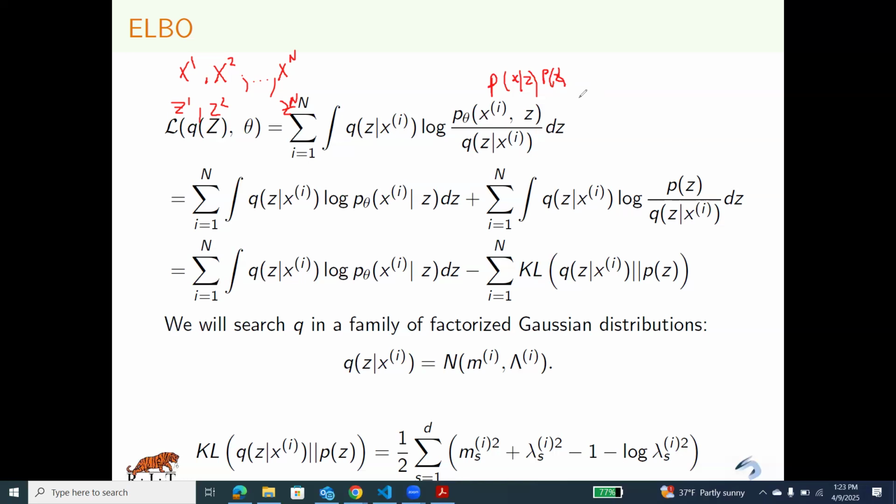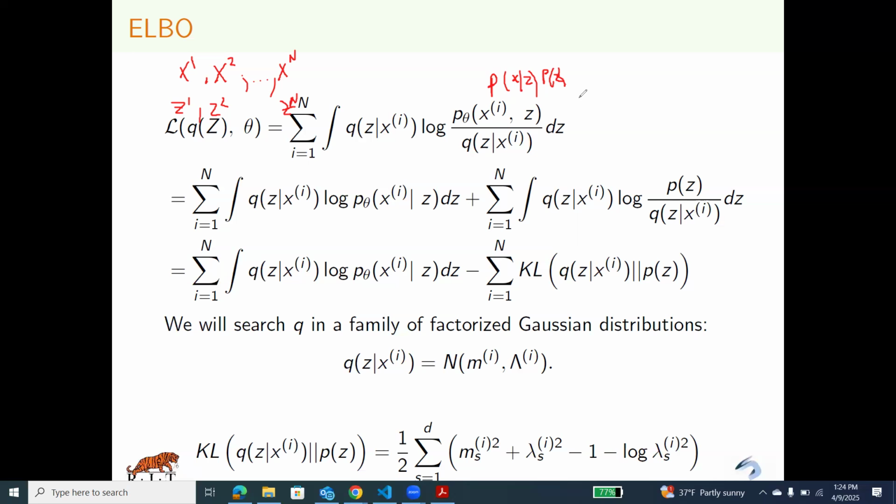To flip the fraction, I use power -1, and it goes as minus from the logarithm. So this is the second term, KL divergence between the distribution on our latent variables and our prior, just the standard normal distribution.